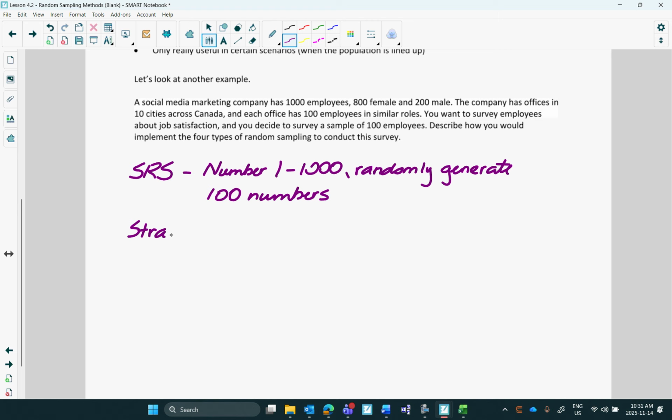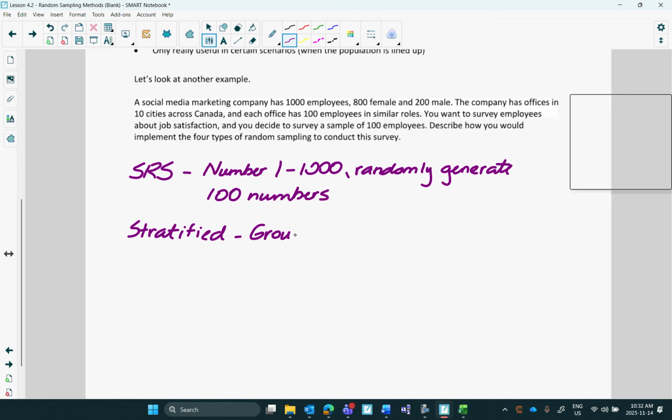I think you might do a stratified one. This is where we want to group them. You want to group by gender? Sure.